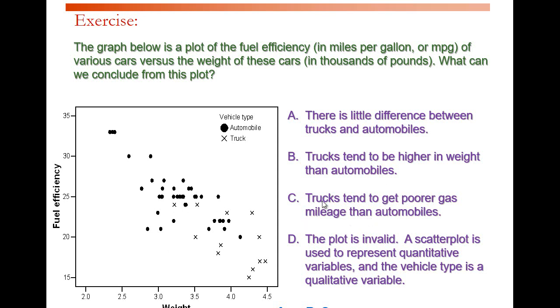And then C is also correct because the data points for trucks are generally in the lower portion of the graph, and the data points for the automobiles are overall above the data points for the trucks. So trucks tend to get poorer gas mileage than automobiles.